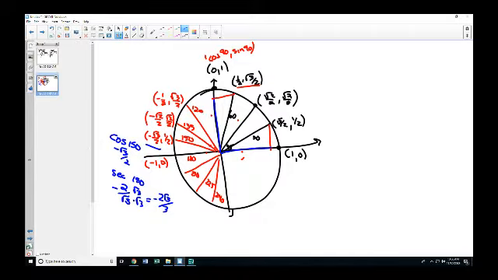We could also do something like the tangent of 45. Ideas? The tangent of 45. Wouldn't it be 1? How'd you get it?